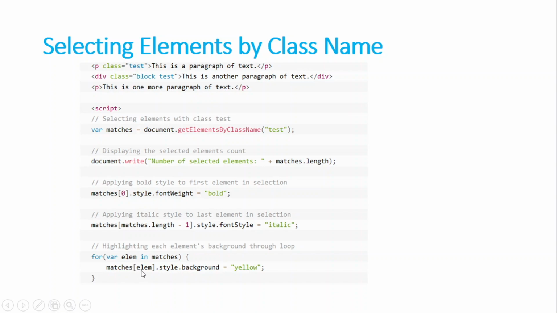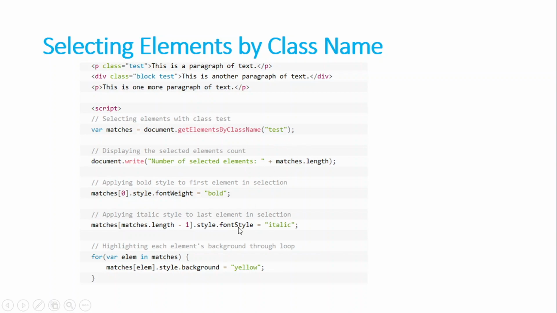Now lm is an index, and we can use this index to get the element from the array, access the style property, and then assign any kind of style here. This way you can style all the elements which are selected by this getElementsByClassName.